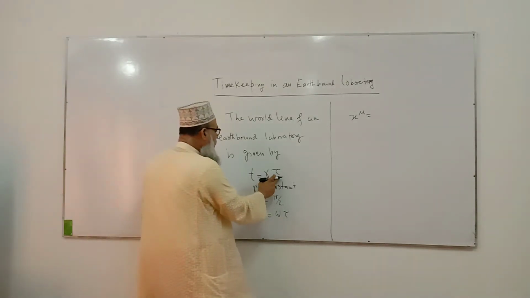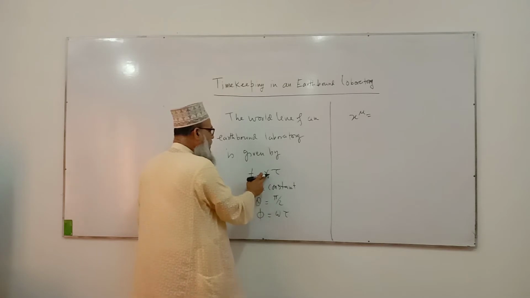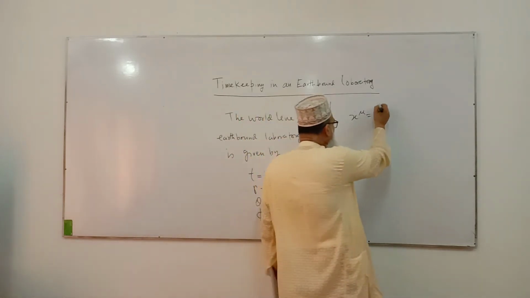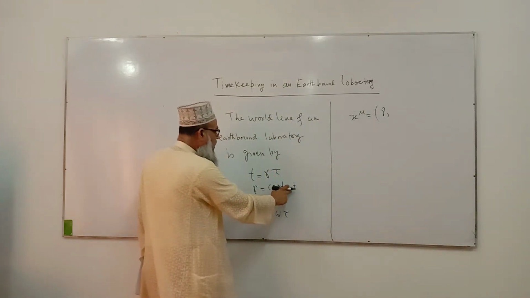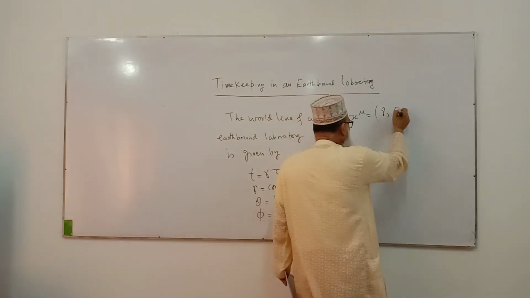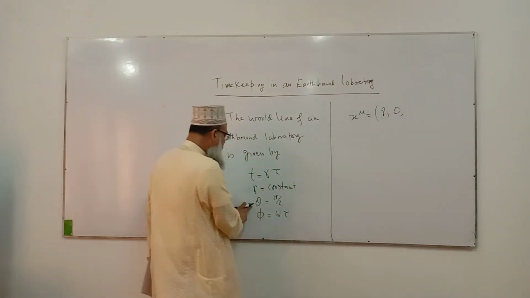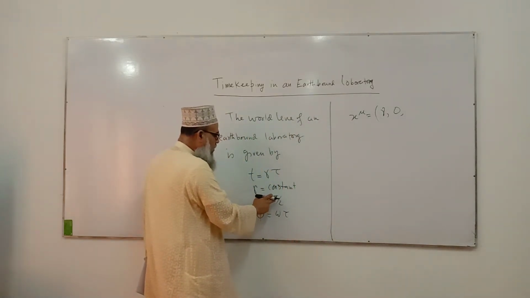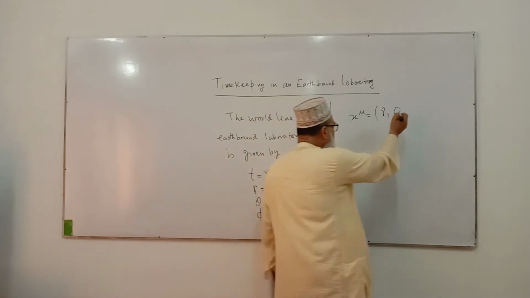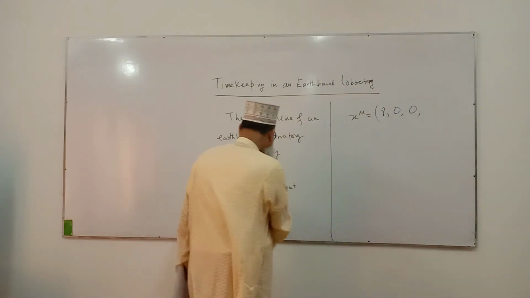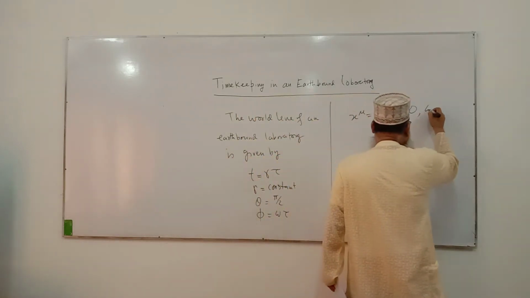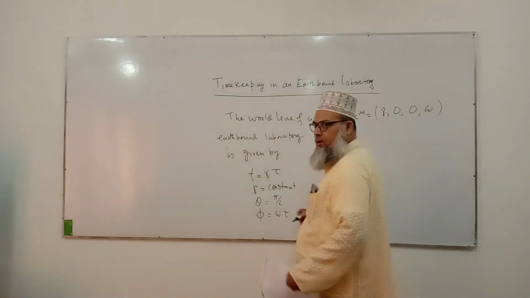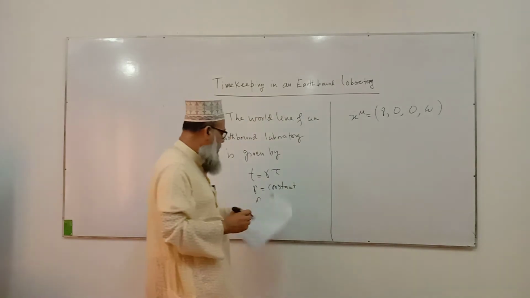So if you differentiate t with respect to tau, you get gamma. If you differentiate r, which is constant, you get 0. If you differentiate theta, which is pi by 2, you get 0. If you differentiate phi with respect to tau, phi dot is omega. So x dot mu is this.